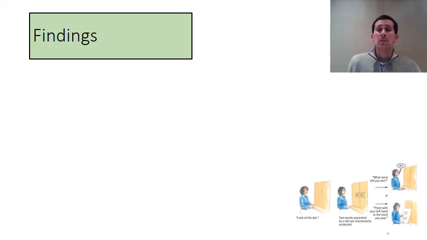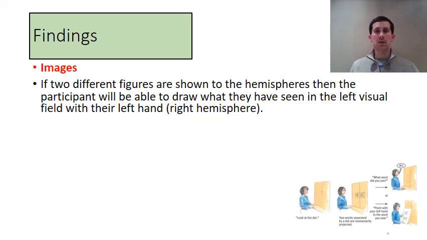So another experiment conducted by Sperry looked at presenting different images to the different visual fields. So what they did was they presented one image to the right visual field, one image to the left visual field. And then they'd ask the person to draw what they see in their left visual field. So we've got cat in the right visual field, dog in the left visual field. They'd ask the person to draw what they'd seen in their left visual field, and the person could quite easily draw a dog.